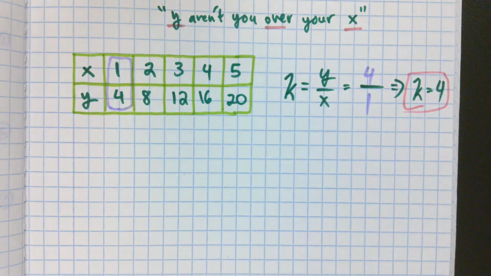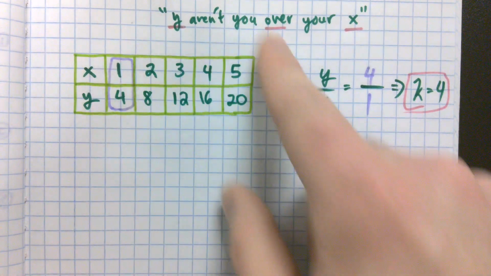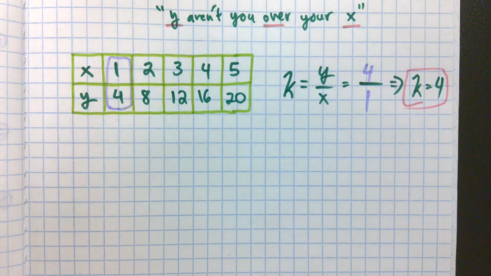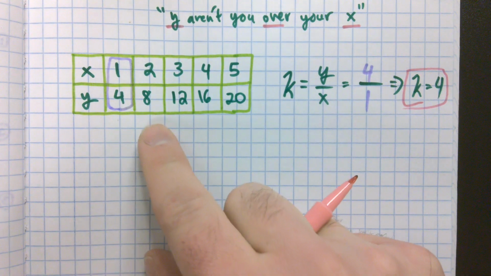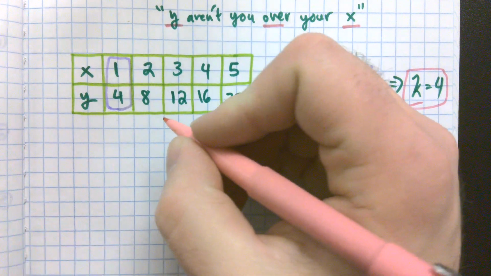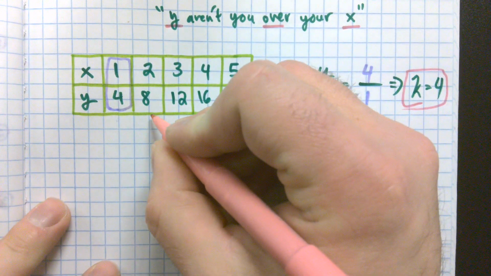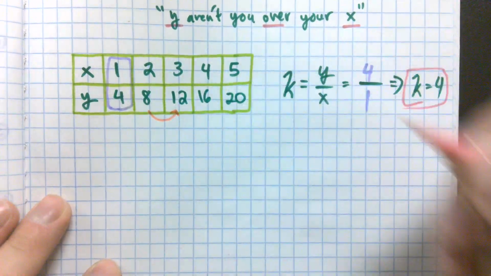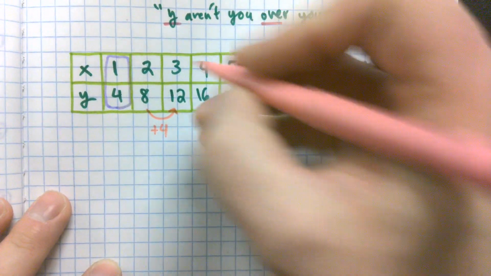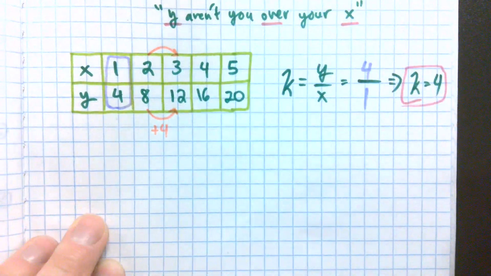Now again, we didn't get a chance to touch on this the first go around, but like I said, this is exactly the same as slope. So if we wanted to, we could do the change in y over the change in x. The change in y on the bottom. How do we get from 8 to 12? Plus 4. How do we get from 2 to 3?